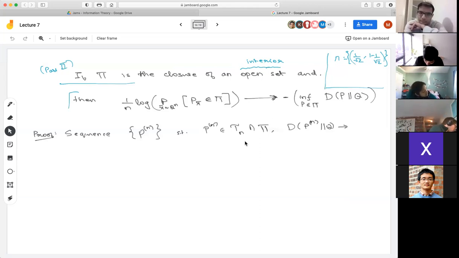Let's say the probabilities are multiples of 1 over n, so this is in the type class t sub n intersection pi. And the KL divergence tends to whatever is this minimum value we were looking for, delta.